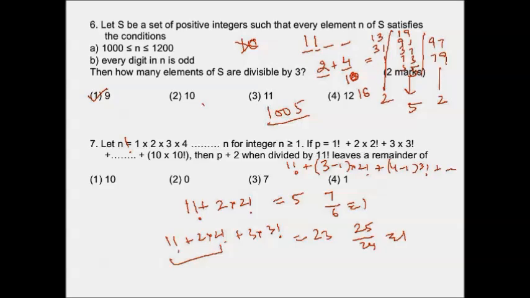You will see that it becomes 1 factorial plus 3 into 2 factorial, which is 3 factorial, minus 2 factorial, plus 4 into 3 factorial, that is 4 factorial, minus 3 factorial. So these terms will get cancelled out every time, 3 factorial with 3 factorial. The next time you will have 5 factorial minus 4 factorial, so 4 factorial with 4 factorial. Ultimately you will be left with only the figure which gives us a remainder of 1. So finally the answer to this question will also be 1.